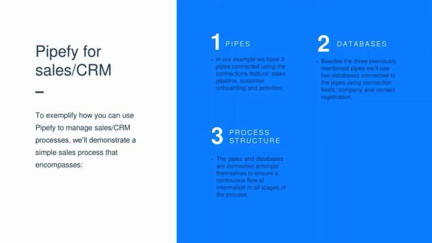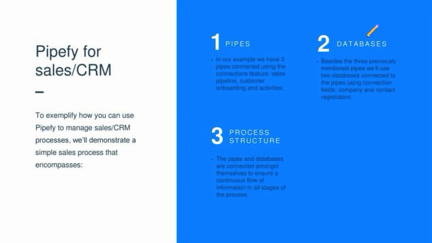So our process today. To exemplify how you can use Pipefy to manage sales and CRM processes, we'll demonstrate a simple sales process that encompasses 3 pipes that are connected using the connection feature: sales pipeline, customer onboarding, and activities. The sales pipeline and customer onboarding pipes are primary, and they're both connected to the activity pipe, so they can log every interaction with the customers at any point of the process.